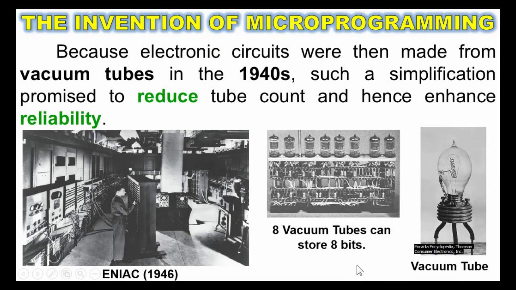Because electronic circuits were then made from vacuum tubes in the 1940s, such a simplification promised to reduce the tube count and hence enhance reliability. A vacuum tube is an electronic device consisting of a glass or steel envelope, and it has two or more electrodes between which electrons can move freely.